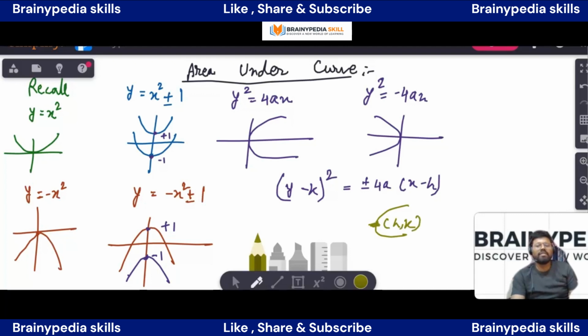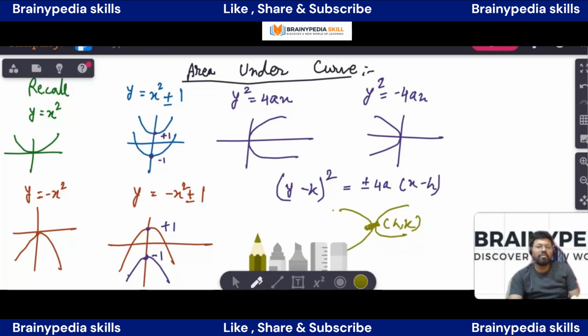If it is positive, then it is on the positive x-axis. If it is negative, then at h comma k only, the graph will look like this way. At h comma k only. Okay, clear?